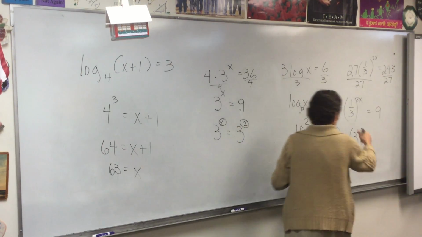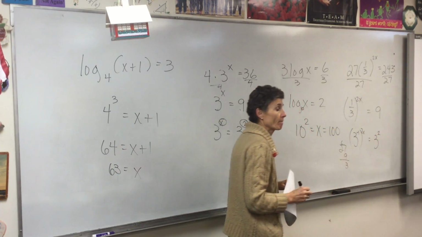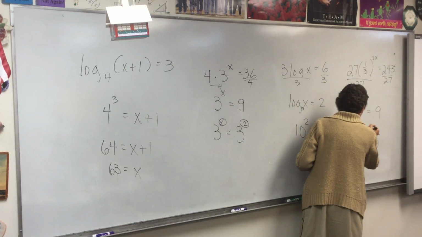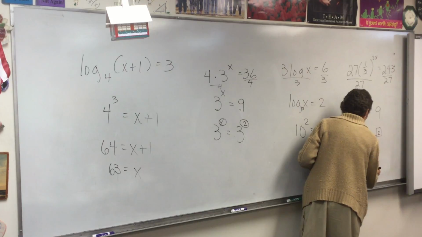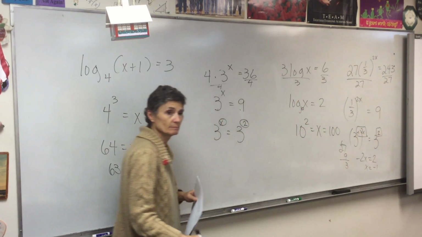And then this one would of course just be 3 squared. Now they match, so negative 2x equals 2, so x equals negative 1. Interesting.